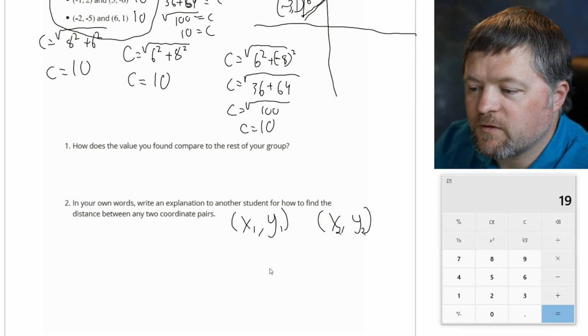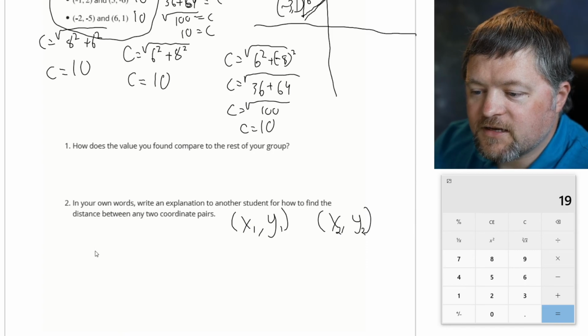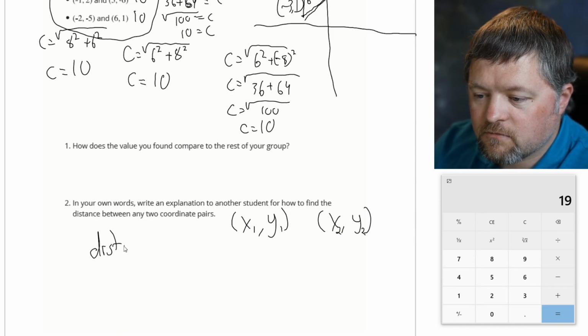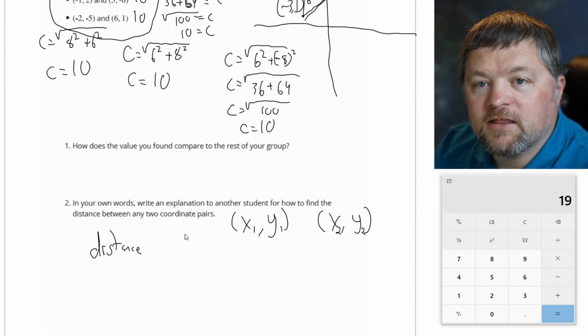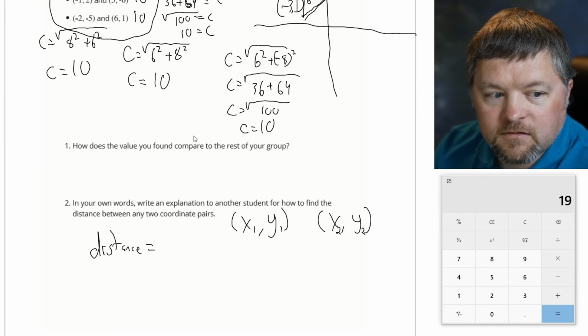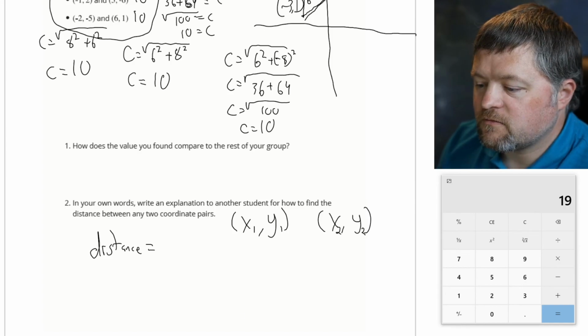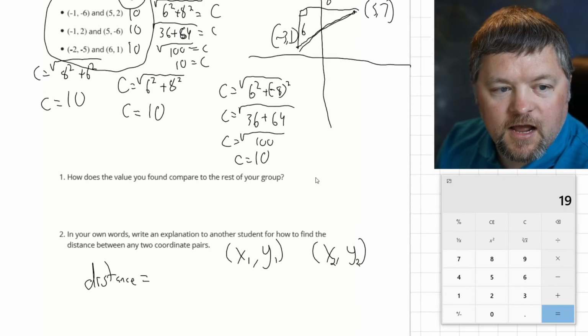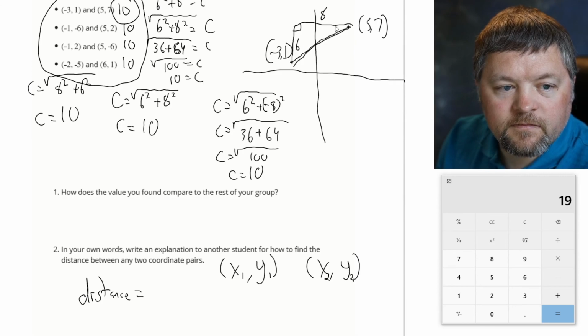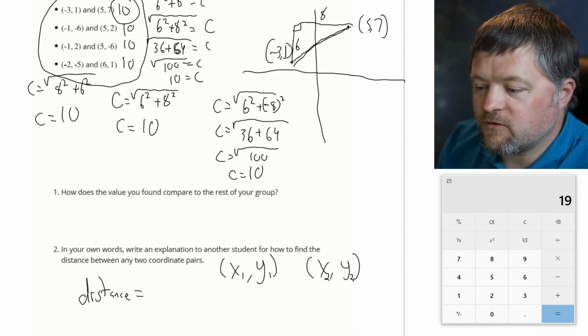First point, second point. Now, the distance between those 2 points, that is our C value, the length of our hypotenuse between those 2 points.